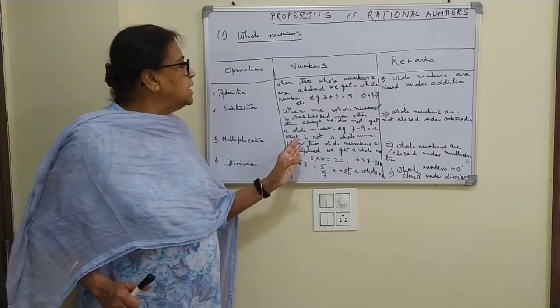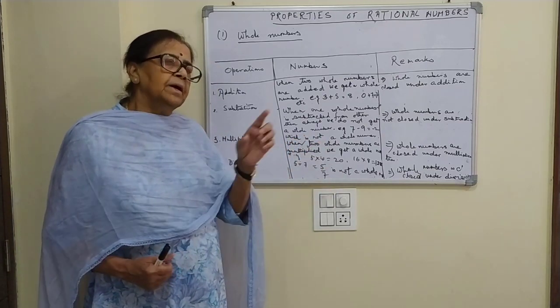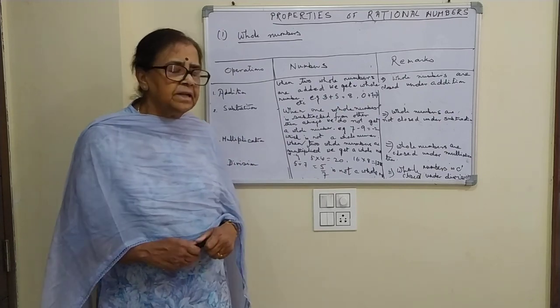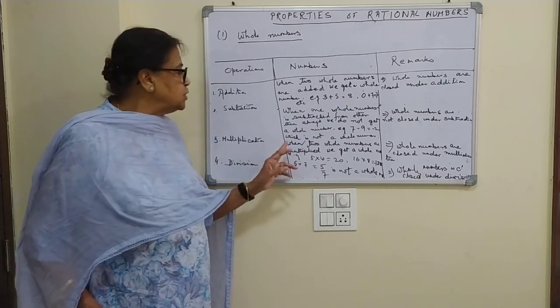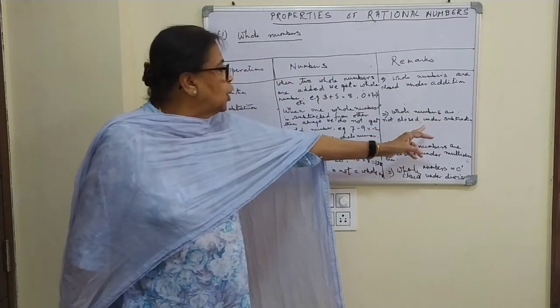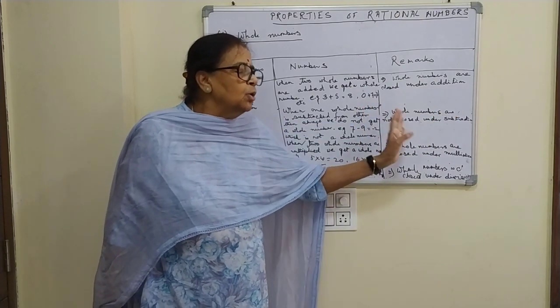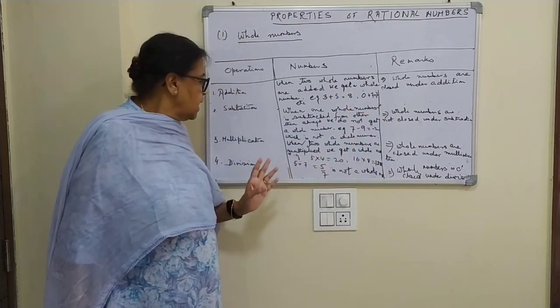Similarly, minus 5 minus 7 gives minus 12, which is also not a whole number. So whole numbers are not closed under subtraction.